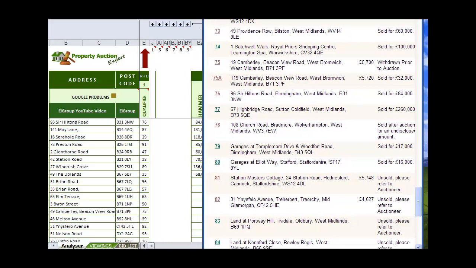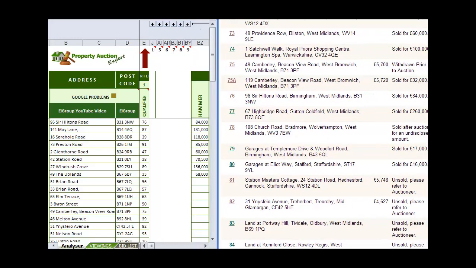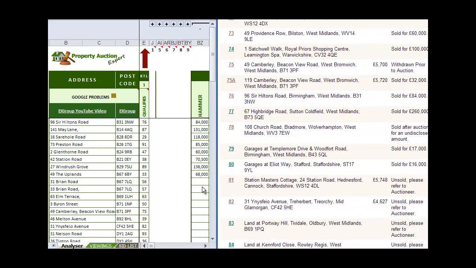I'll just move that across slightly. 84,000 is the hammer price, and so this hammer price is entered into this column BZ, and each of the hammer prices is put in.